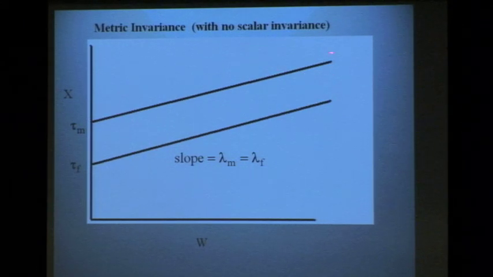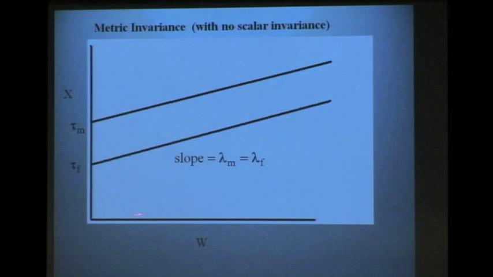So this would be a case where we have the same slopes for the lines. Changes in the latent variable produce the same degree of change in the observed variable. But the intercepts are different, so there's always a gap between the groups. At any given level of the latent variable, we still have a difference in the observed score reflected by this intercept difference.